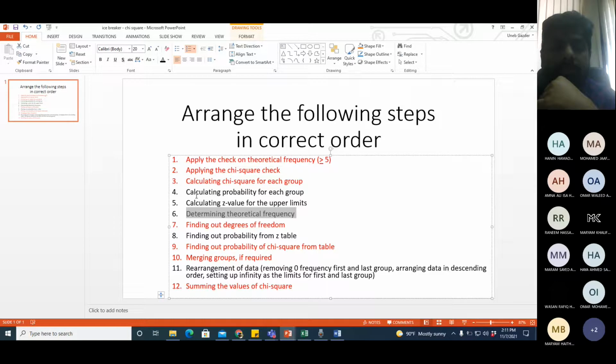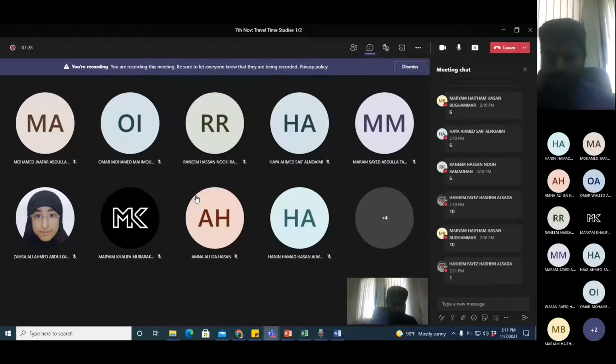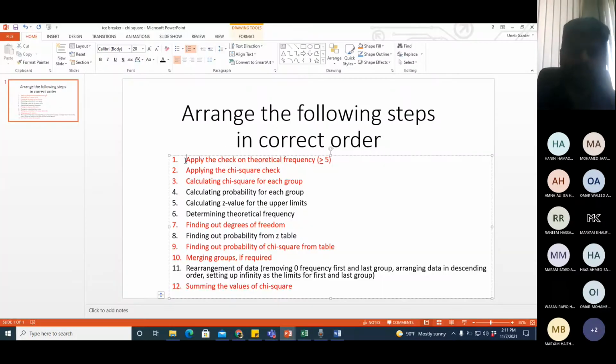Look at the steps which are available and then answer. Why should I merge? One, yes. First of all, check if you need merging or not. Okay, so the check is also always there. Should be 5 or more. F value should be 5 or more.